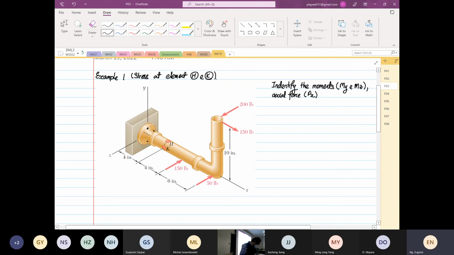We also have to identify the shear force, which is Vy and Vz. And we also have to identify the torque, which is Tx. We have to identify all these things. So first thing of all, number one, identify the transformation.